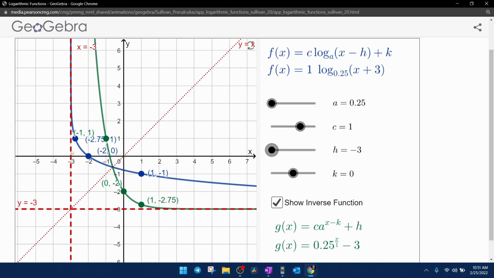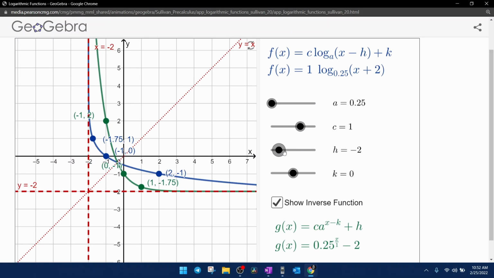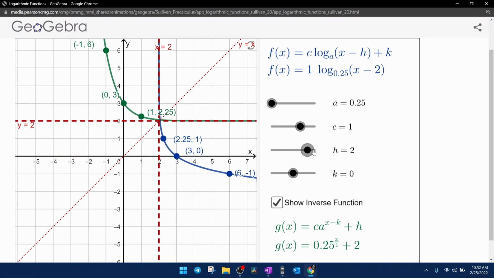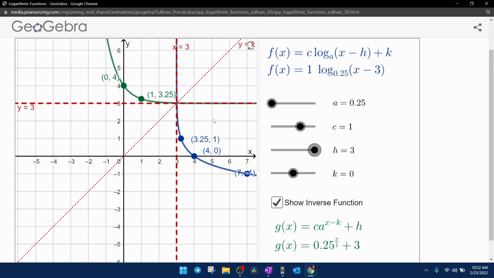And notice that the equations of the asymptotes are identical, except, of course, vertical is going to be x equals and horizontal is going to be y equals. And as we move h to the right, you can see that that holds true when h becomes positive here.